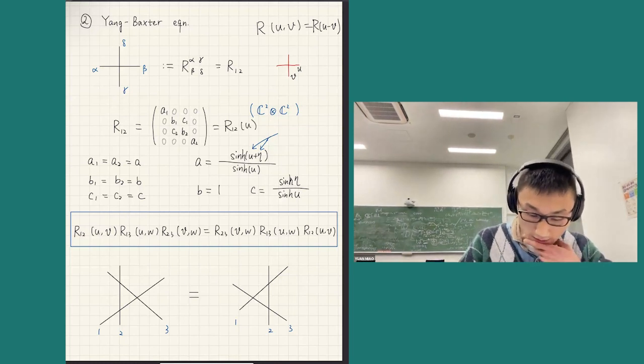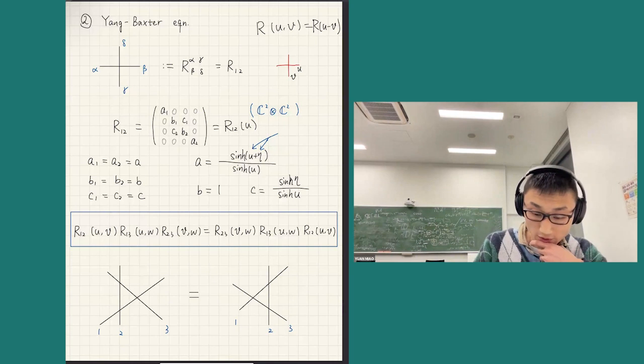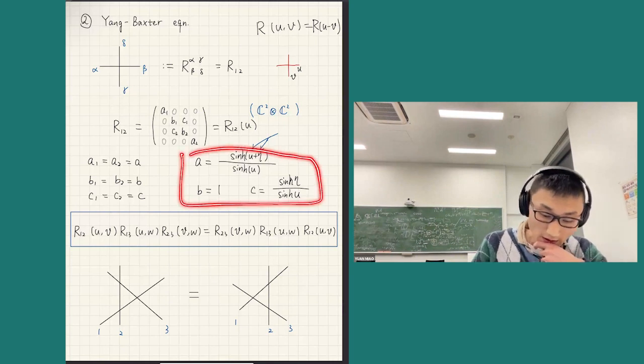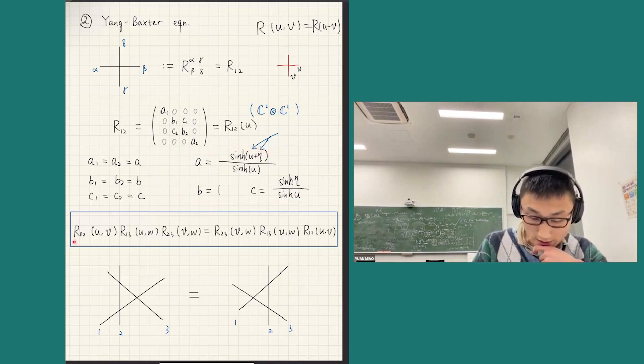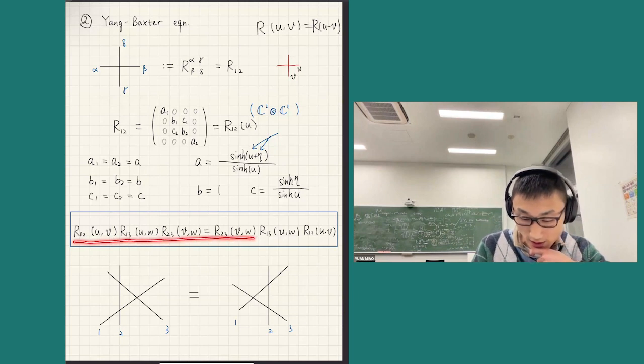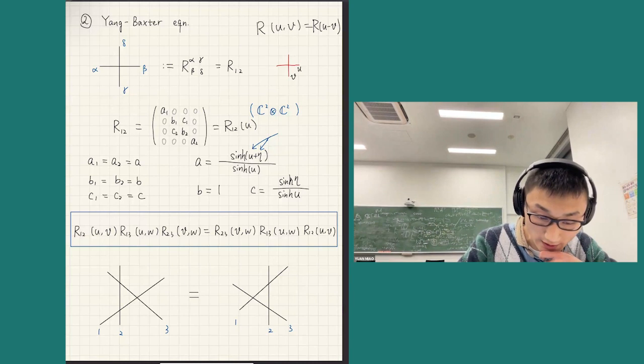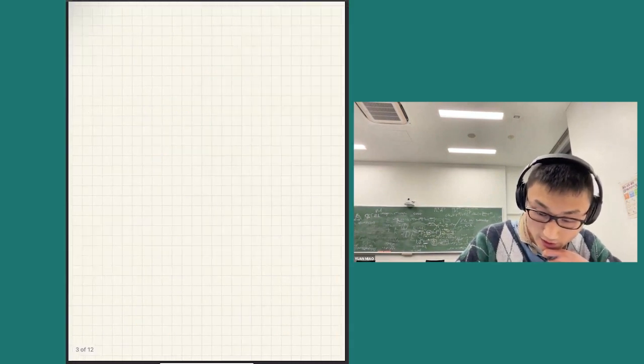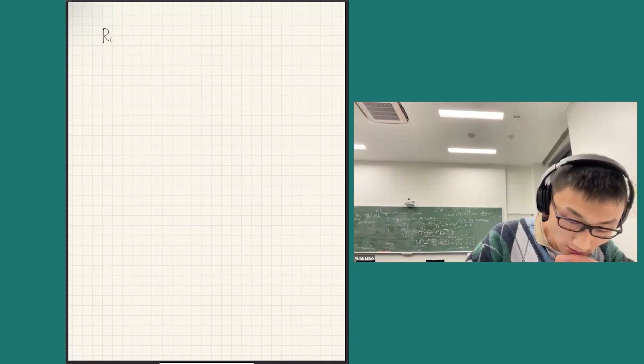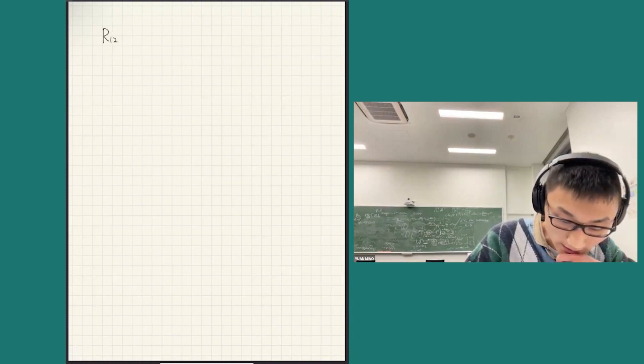So what's really remarkable is that if you choose this parameterization, you can show that this R matrix satisfies the Yang-Baxter equation. Here, maybe I need to specify, I'll just add another page. So R12 acts on C2 cross C2.